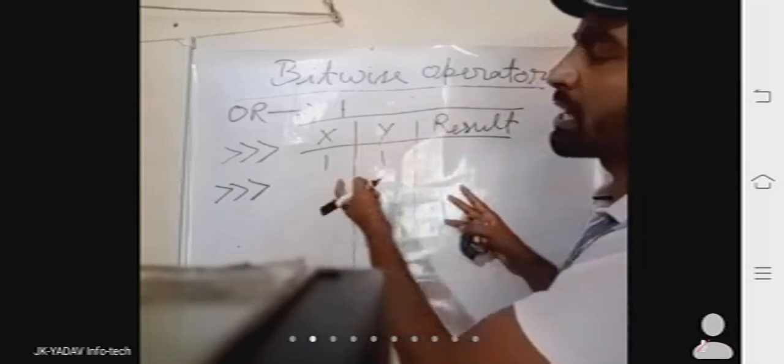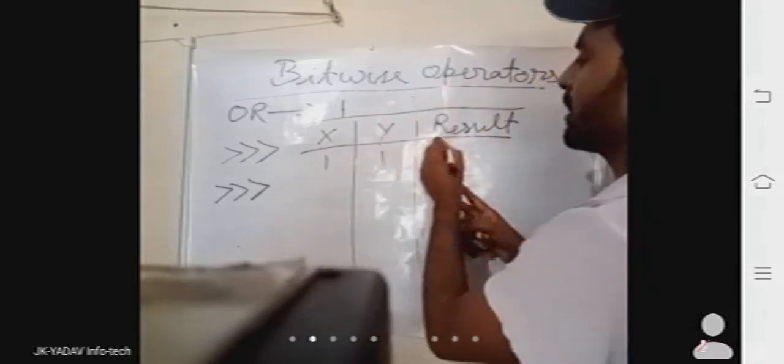It accepts a 1 on either side. Means if 1 is on both sides or any one side, then the result will be 1. So 1 and 1 gives the result 1.